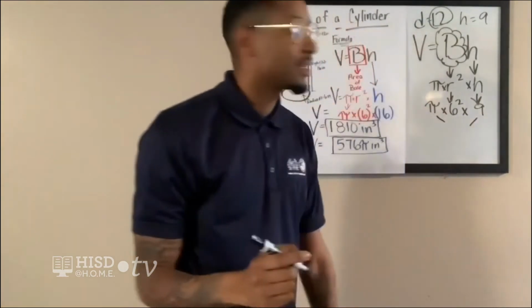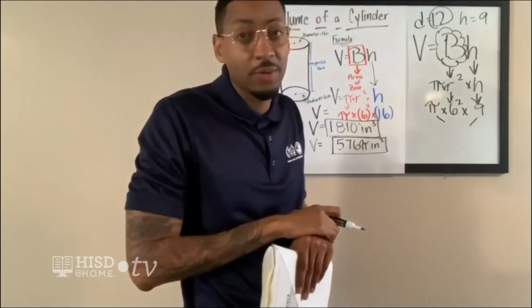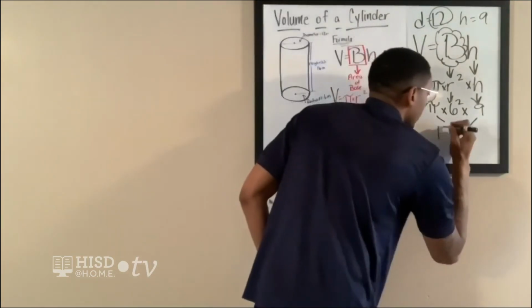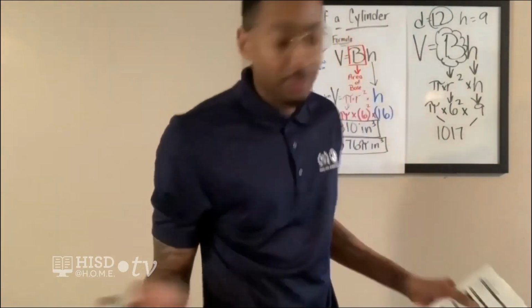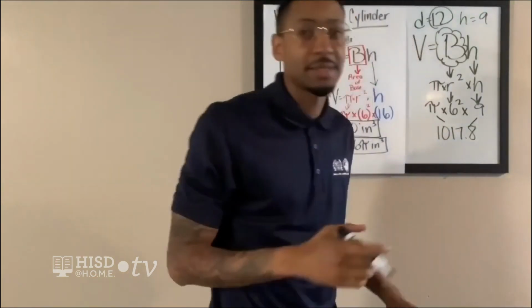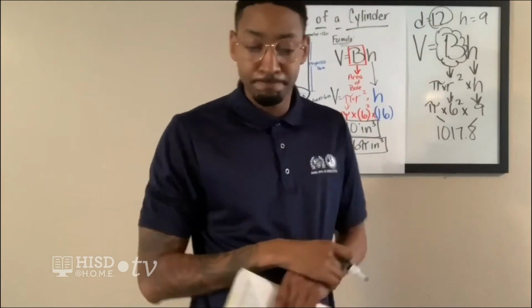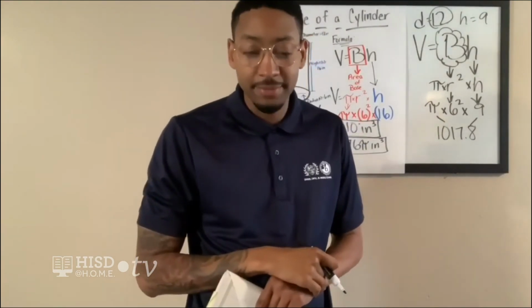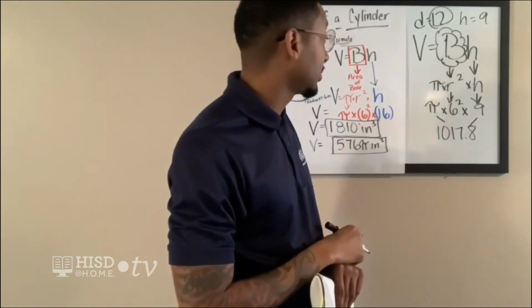When we type that into the calculator, or if we do it by hand, either or, we get 1017.8, or in 8/10. Which one is that closest to? Exactly. C, 1018. It's pretty good.